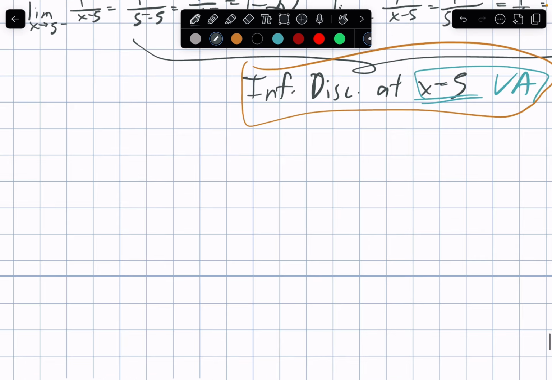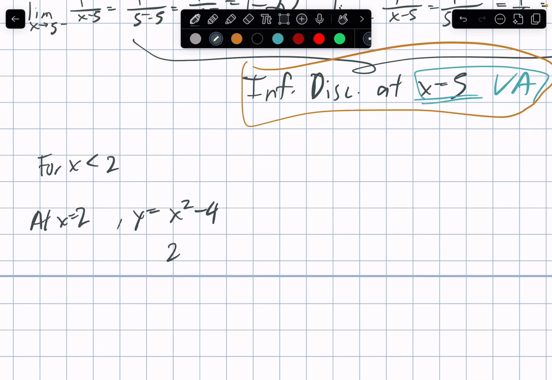Before we start graphing, let's find points that could be useful. So for x is less than 2, let's say at x is equal to 2, for this one, y is equal to 0, so (2, 0).